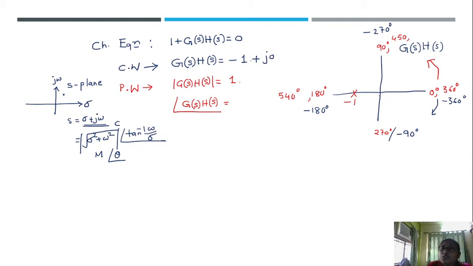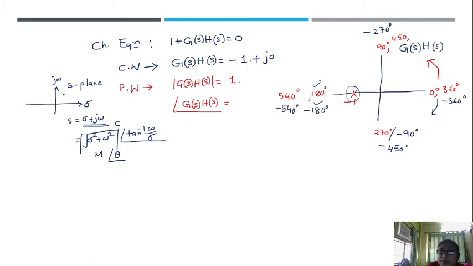Okay, so my point is here. If I want to give a generalized angle of this axis, what are they? It is plus 180 degree as well as minus 180 degree. It is plus 540 degree. Now if I turn it this way, this is minus 360, then it will be minus 450 degree, and then also minus 540 degree.